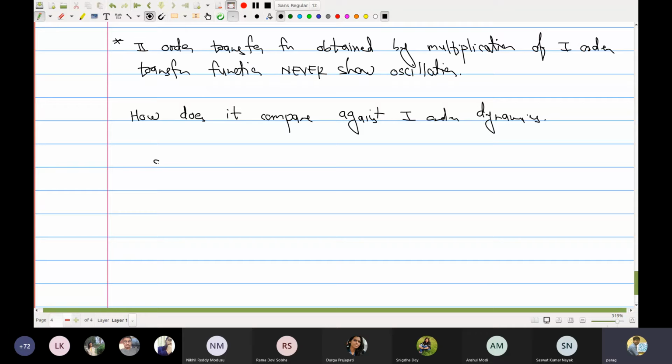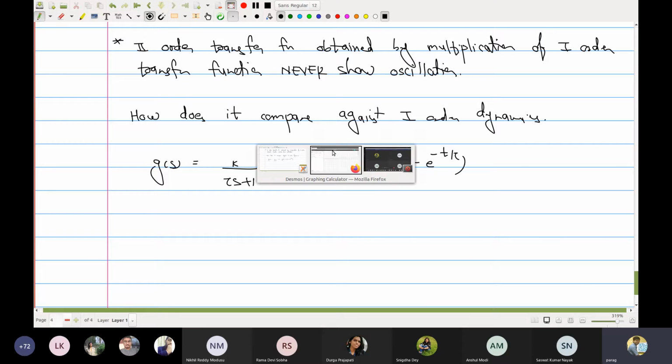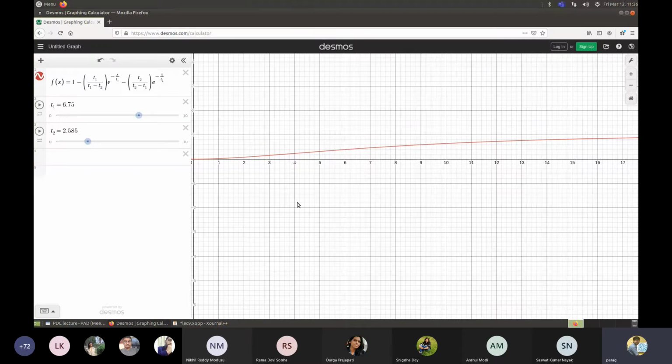And for first order dynamics the overall transfer function was g of s equals k upon tau s plus 1, and we know from our previous lecture that y of t is k times 1 minus e to the power minus t upon tau. Right? So let us plot this. So this is for the first order and this is for the second order.